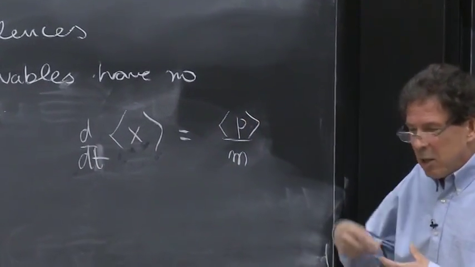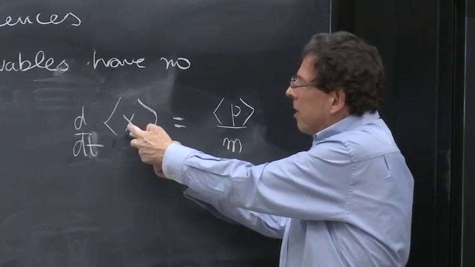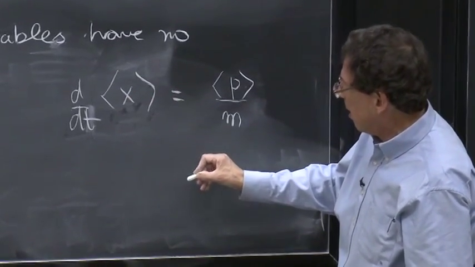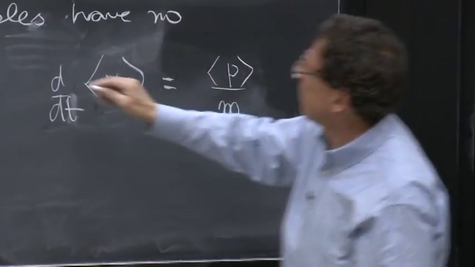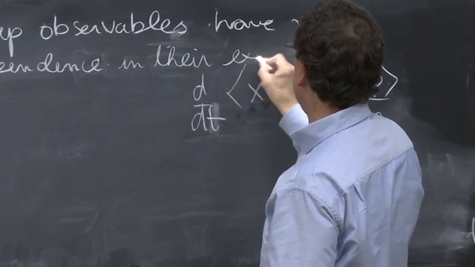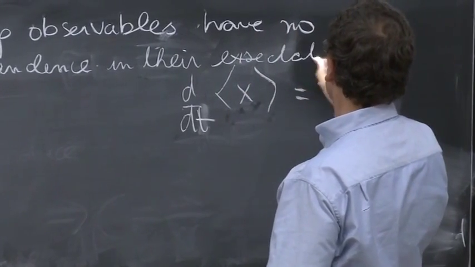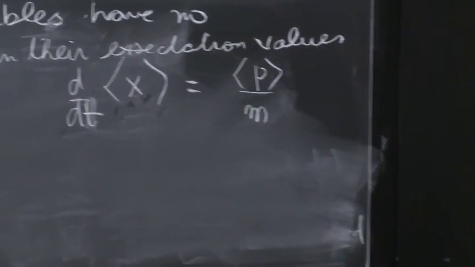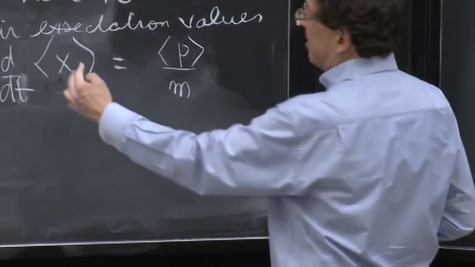So the observable is time independent, but the expectation values can have time dependence. The time dependence comes from the states.